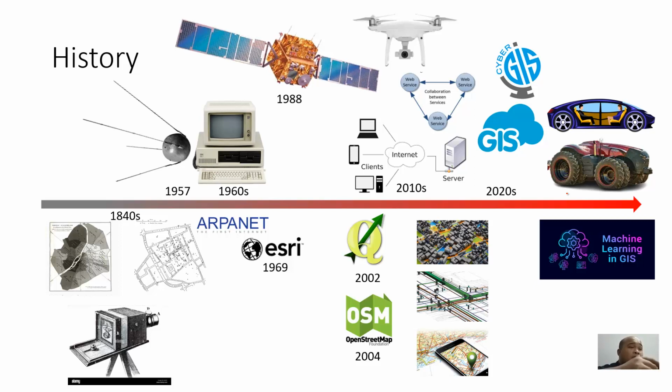As mentioned just now, these are the two earliest maps that we have traced back to the 1840s, which apply the concept of GIS.